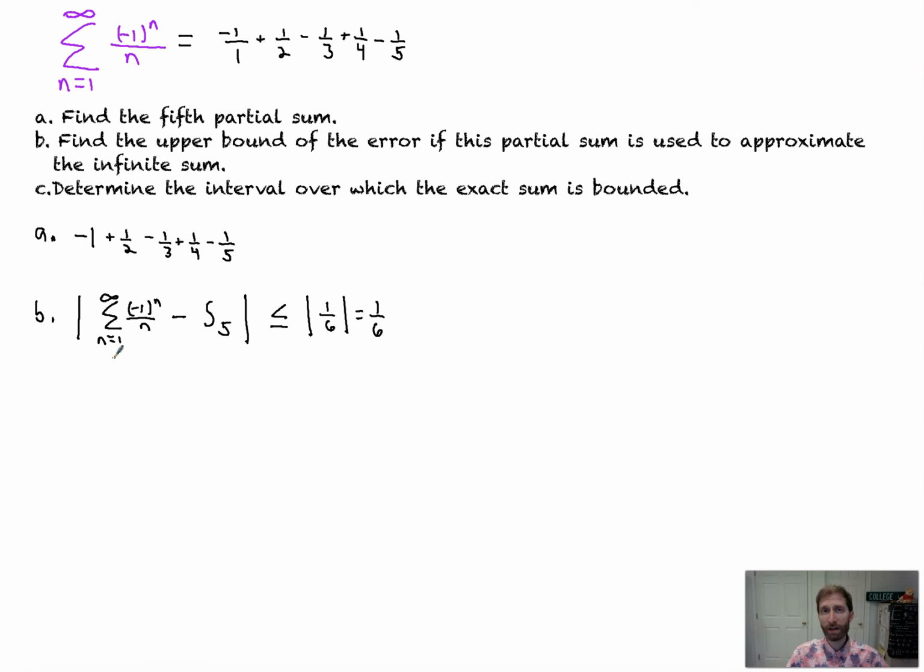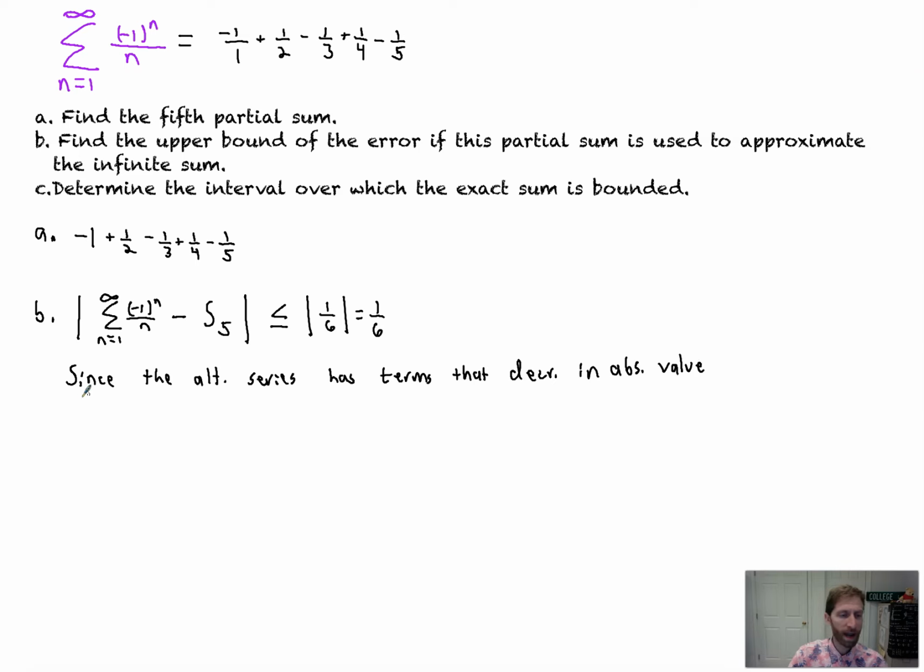Now, if you had to justify this formally, here's what I would say. You have to first prove that this is an alternating series that converges. So I'd say since the alternating series has terms that decrease in absolute value to 0, it converges. Don't you dare abbreviate on your test.